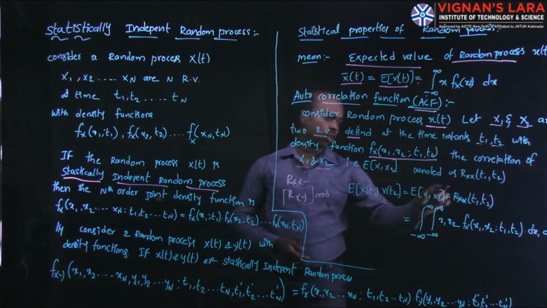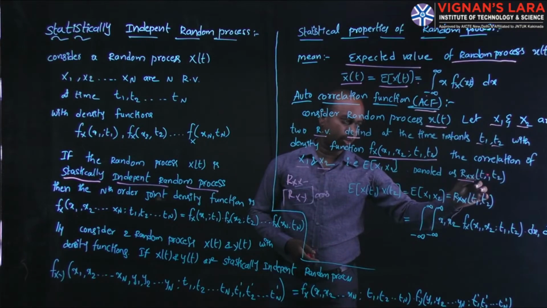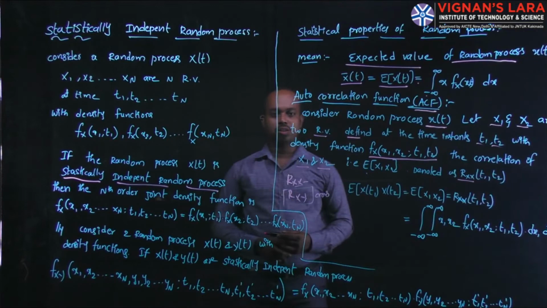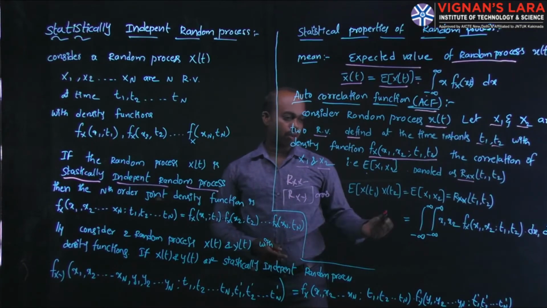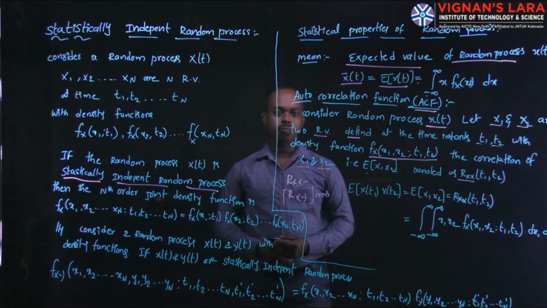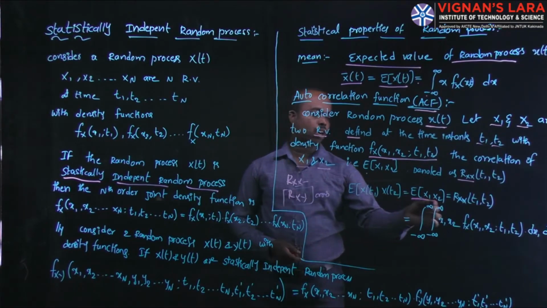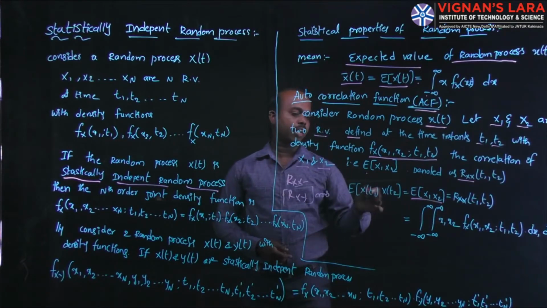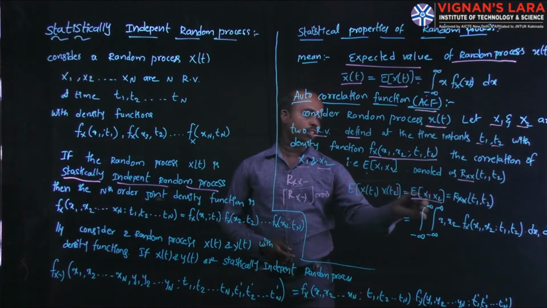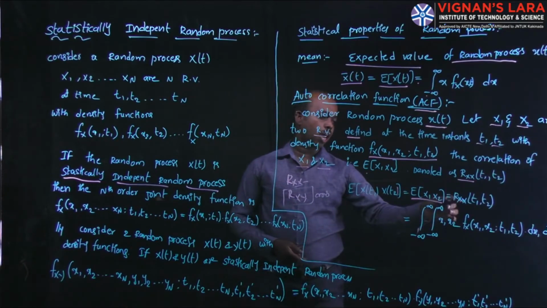It is denoted with rxx of t1 comma t2. The formula is the expectation of x of t1 into x of t2, which is equal to the expectation of x1 x2. You can write it like this, otherwise in this orientation. Both are the same. The entire notation is rxx of t1 comma t2.